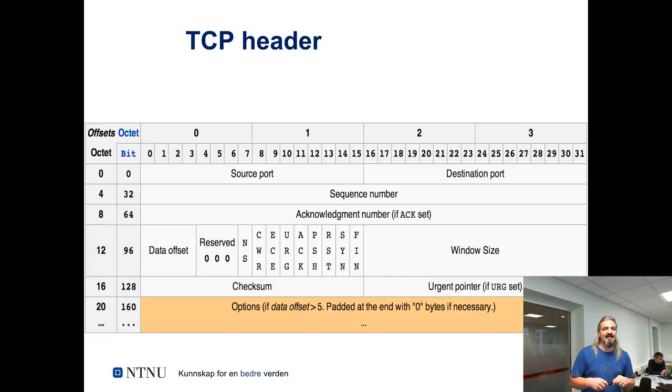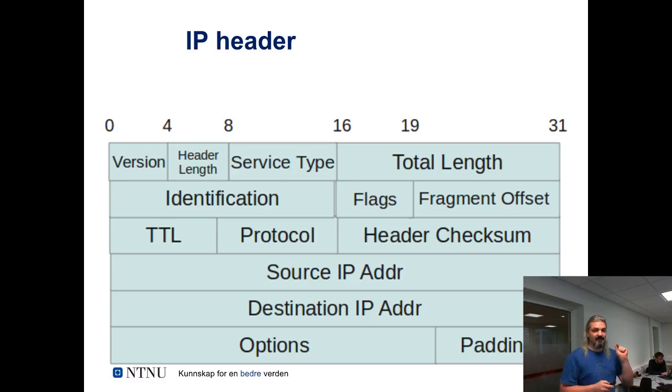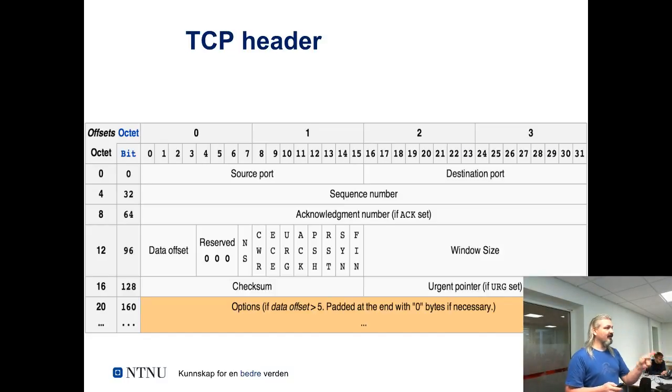Then you have a TCP header, which has a similar source port and destination port, because the IP is just sending it to a machine, right? So I send it to you. TCP adds the ability to say, well, actually, instead of just sending it to you, I have a protocol that says, I sent it to you, and you should file it like this.